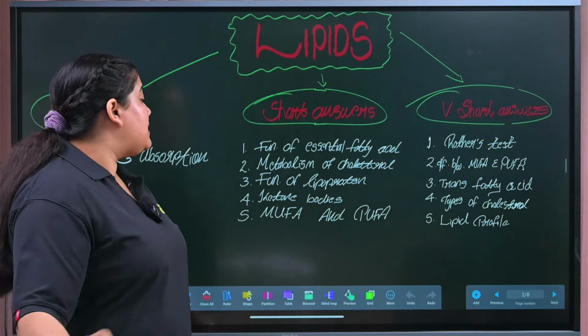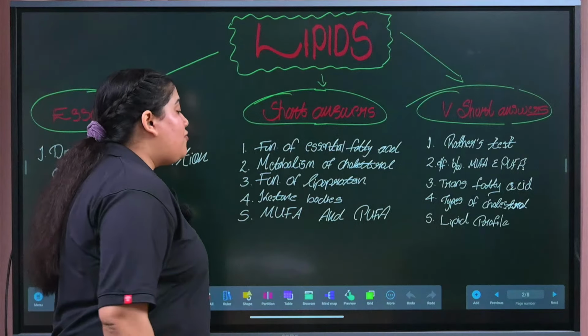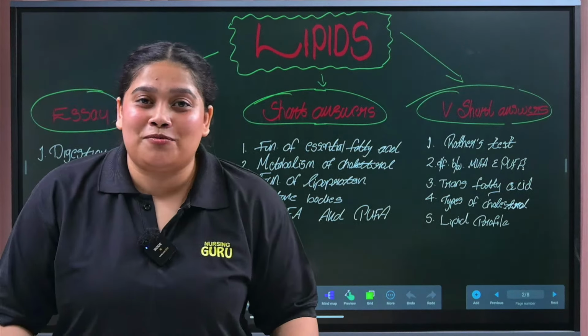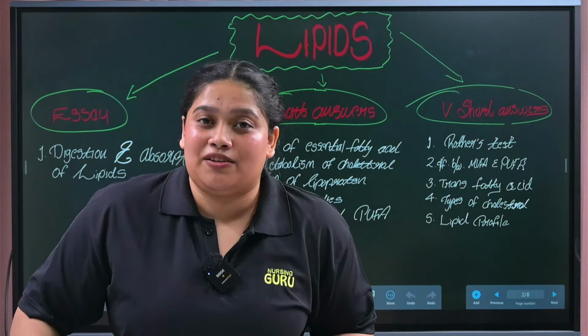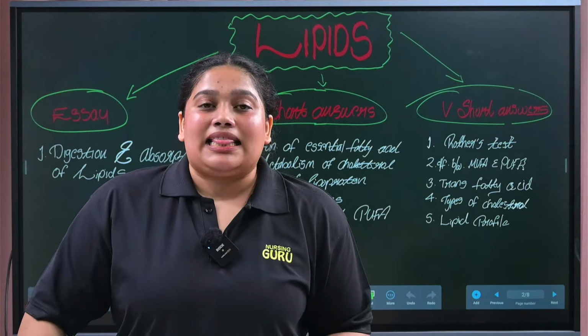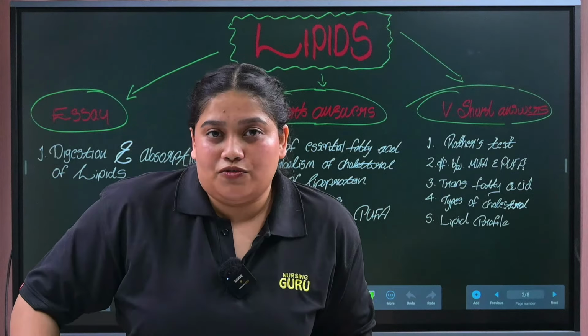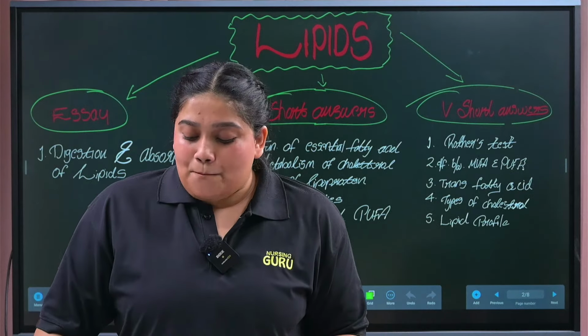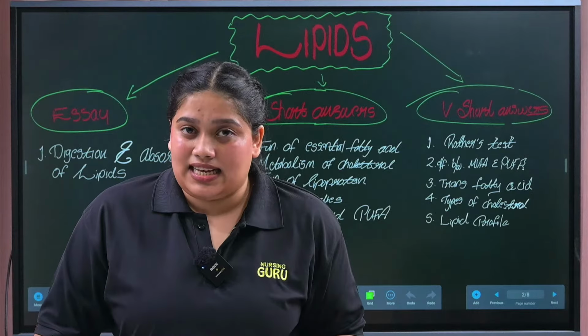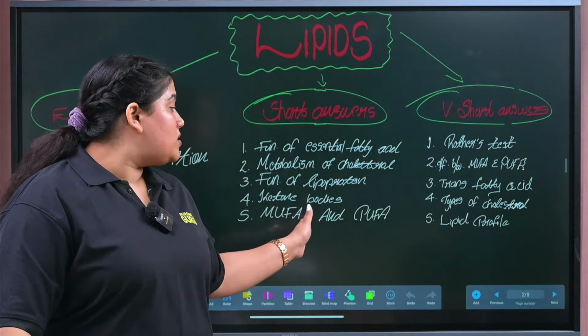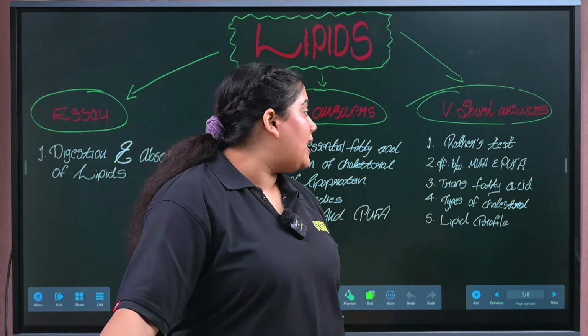Okay, last one is MUFA and PUFA. What is MUFA and PUFA? There is a full form: MUFA is monounsaturated fatty acid, and PUFA means polyunsaturated fatty acid. So you can expect this question in the very short answer questions.